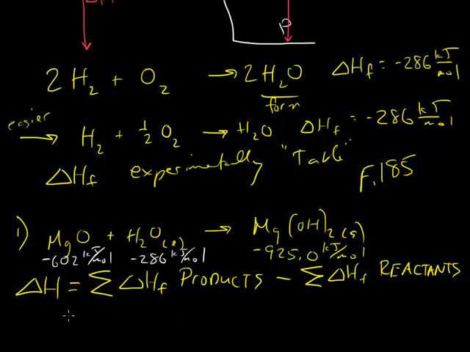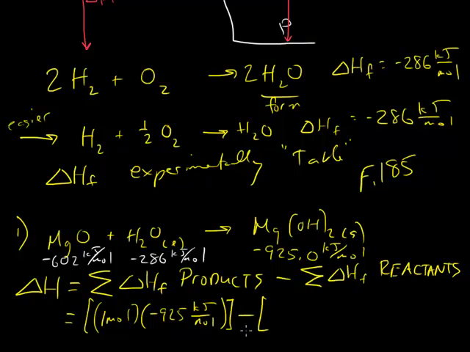So we need to take the value of the products, so the delta H. The first product is the magnesium hydroxide, there's 1 mole of it, times the negative 925 kilojoules per mole. It's the only product we have, so that's the sum. Then we subtract the sum of all the reactants.